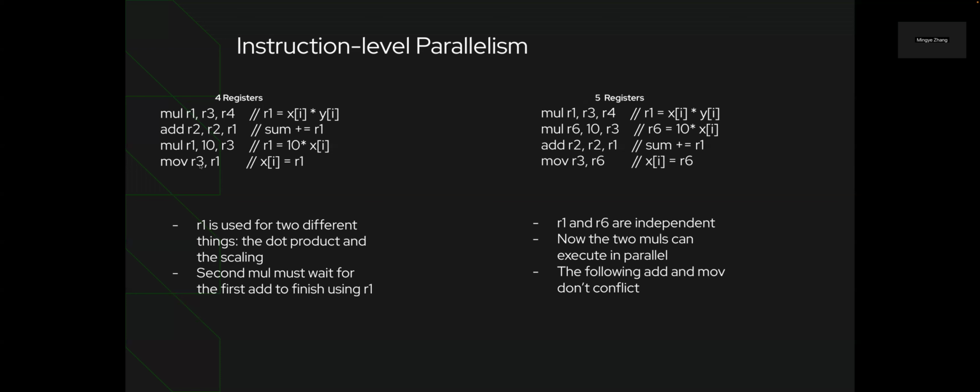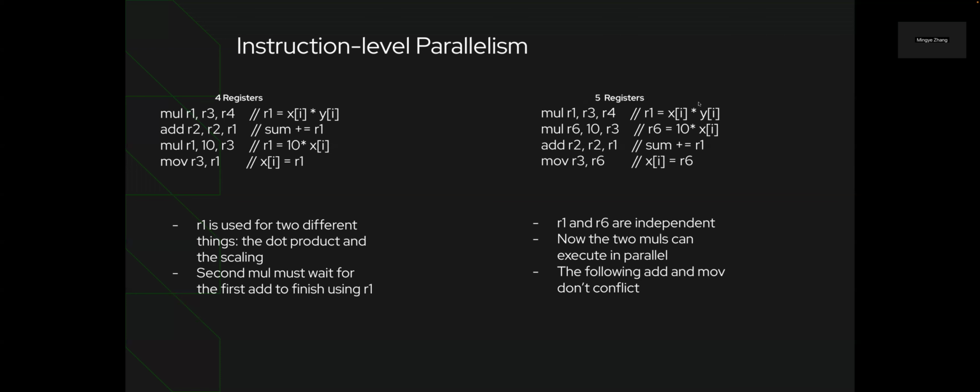This is because we really can't optimize it more to distribute the registers better, since we're hitting the limit. We only have 4. And what this causes is that the second multiply must wait for this add to finish before it can execute.